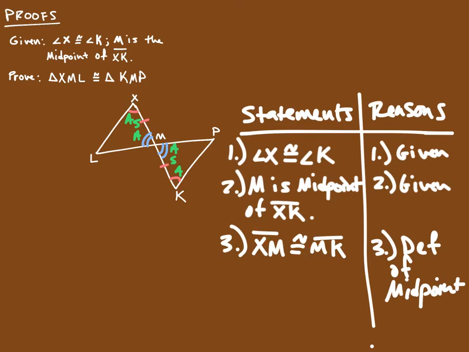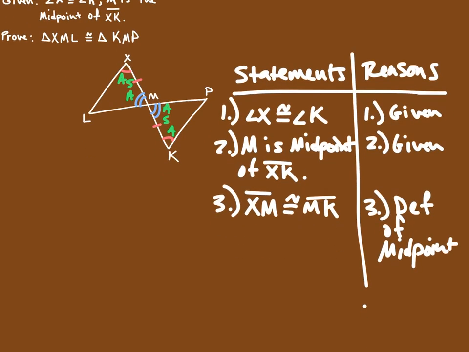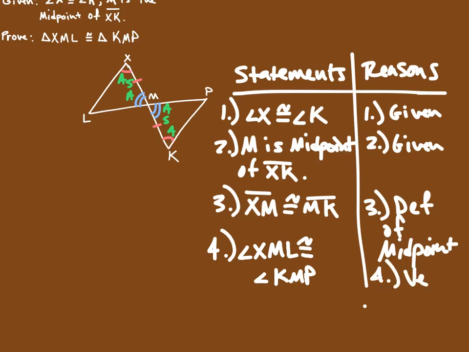Now, the next thing that I can say is that angle XML, so statement 4, is that angle XML is congruent to angle, let's do KMP. All right, and the reason I can make that statement is because those are vertical angles.